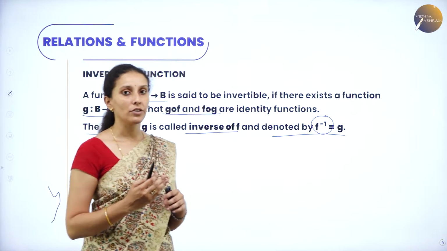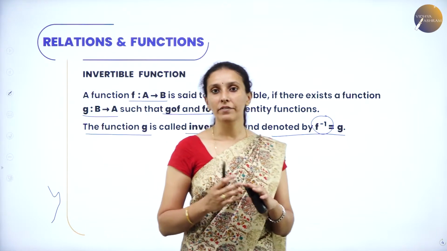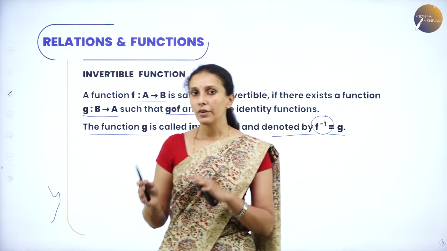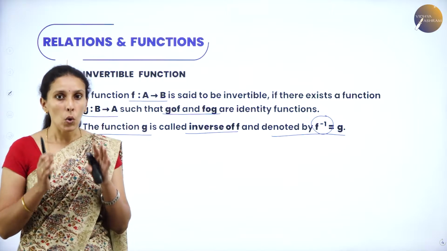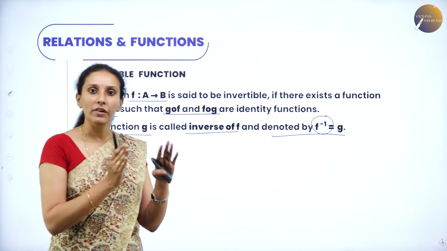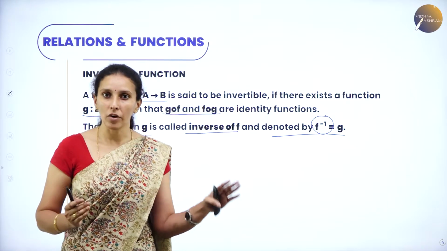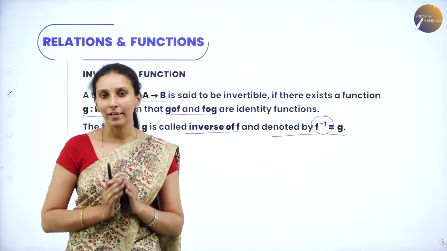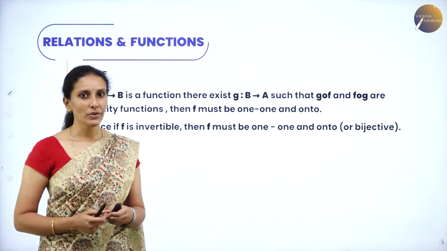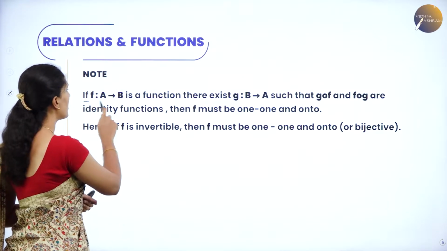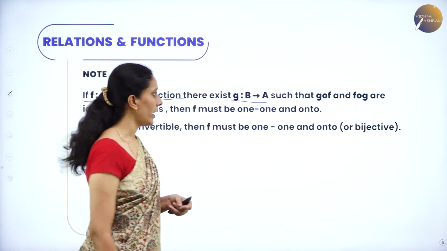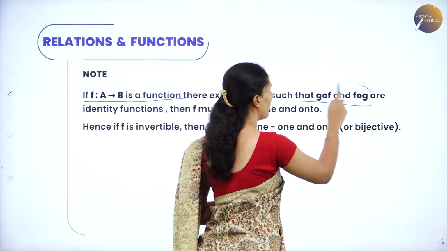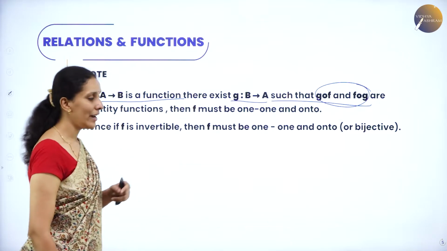So if f is a function from A to B and g is a function from B to A, then we say f inverse exists, which is nothing but g, only when the composition functions g naught f and f naught g become identity functions. Also note that if f is a function from A to B, then there exists a function g from B to A, such that g naught f and f naught g are identity functions.